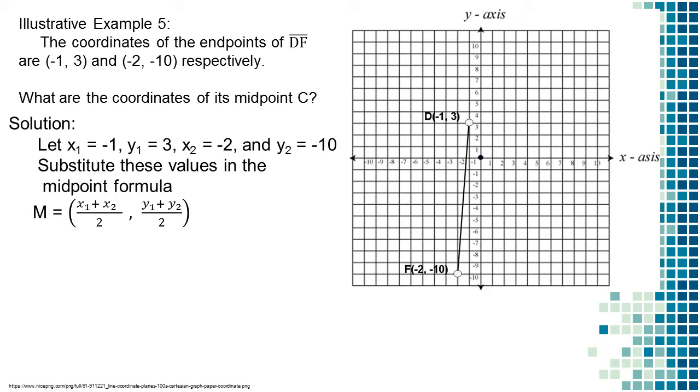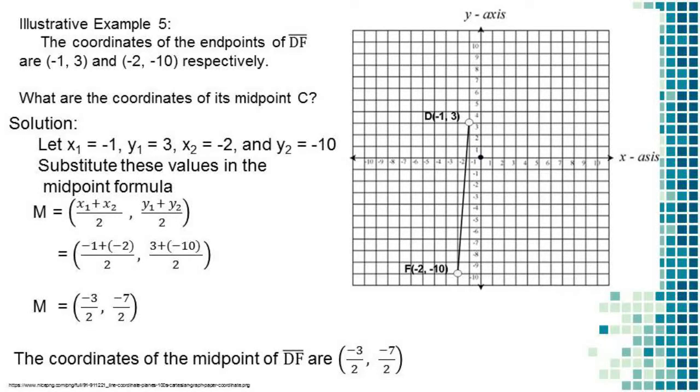Now, negative 2 will be added to our first value, which is negative 1 plus negative 2, that will give you negative 3, while 3 plus negative 10 will give you negative 7, as the rules of signs are followed.